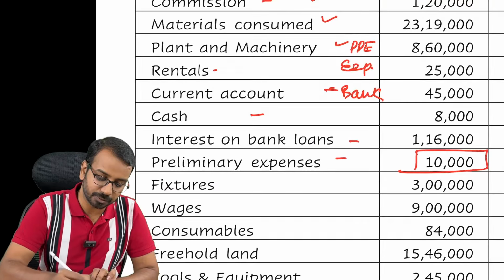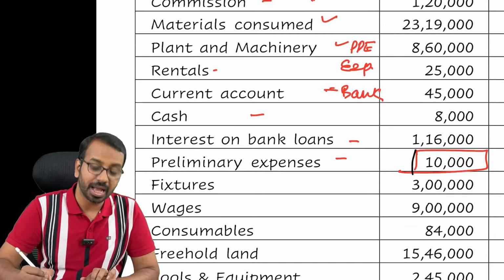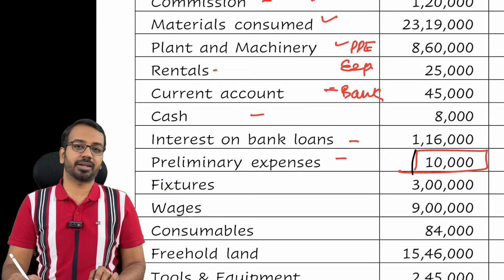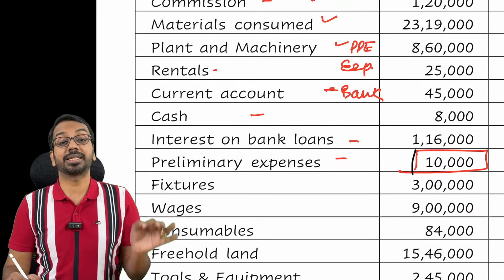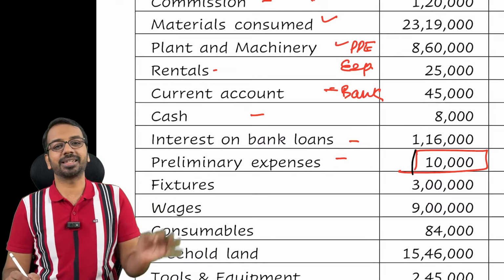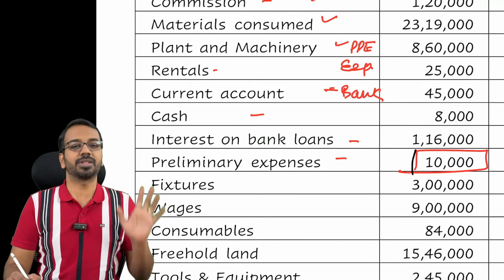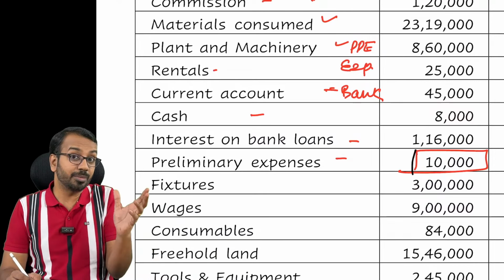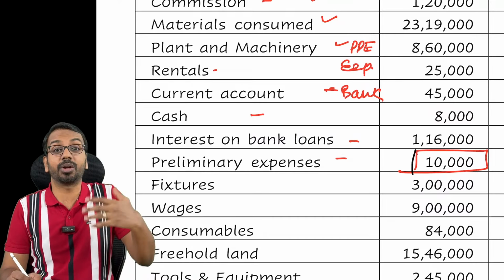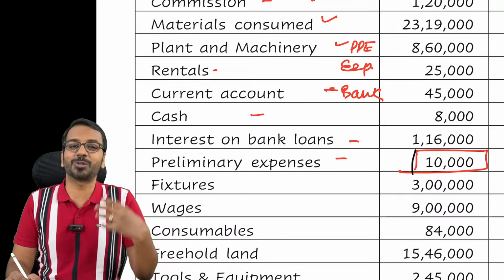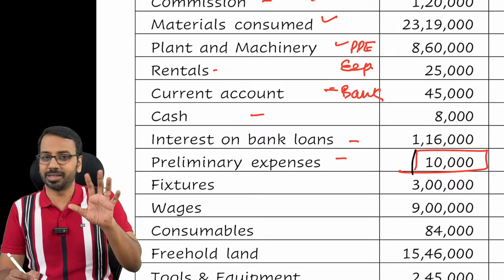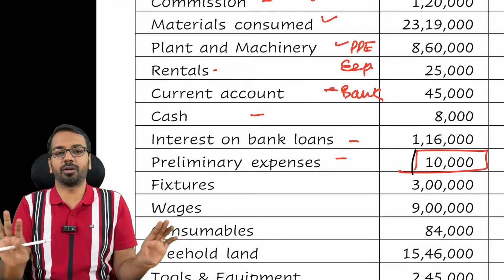Preliminary expenses. Now, please understand, as far as accounting standards are concerned, preliminary expenses cannot be shown as an asset in the balance sheet. You can make a note of this adjustment. Earlier, maybe in 11th or 12th standard, they would have taught you preliminary expenses not written off, shown in the balance sheet, something like that. Now, forget all of that.